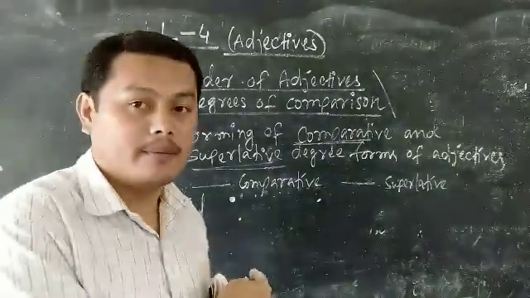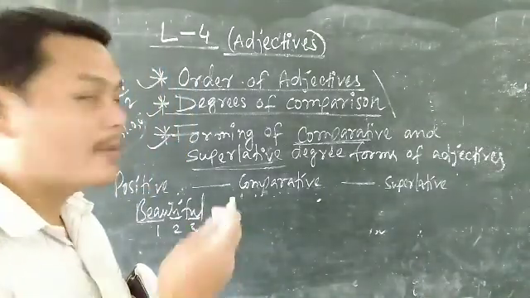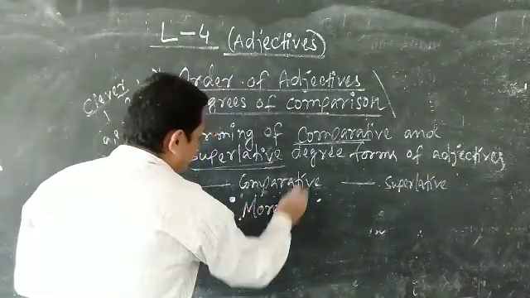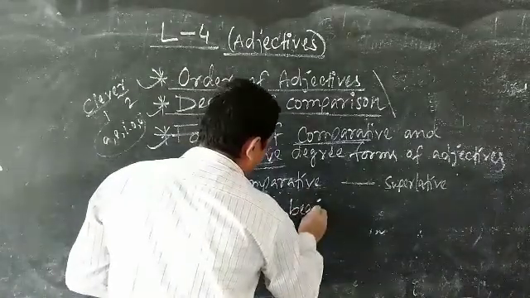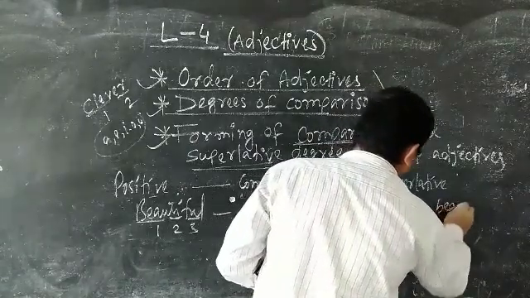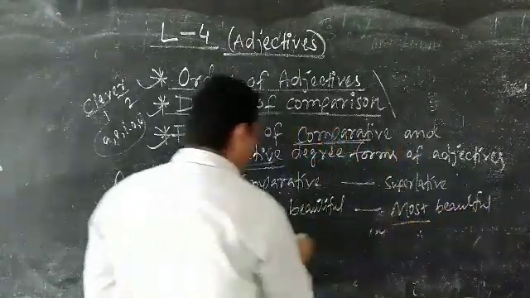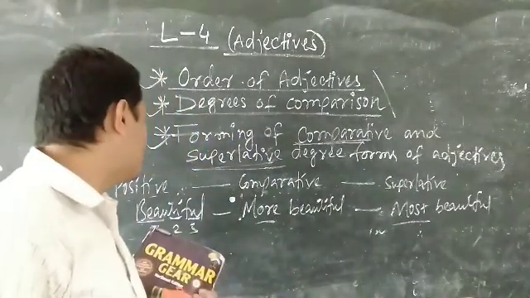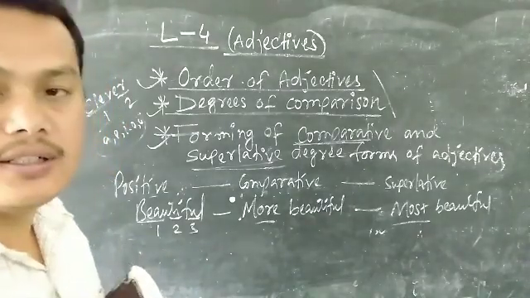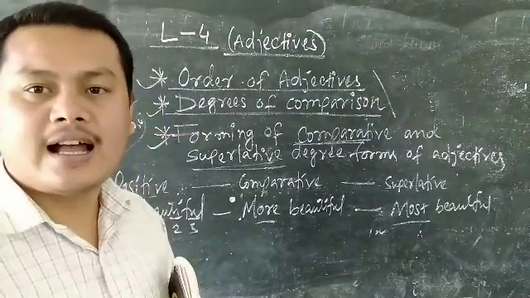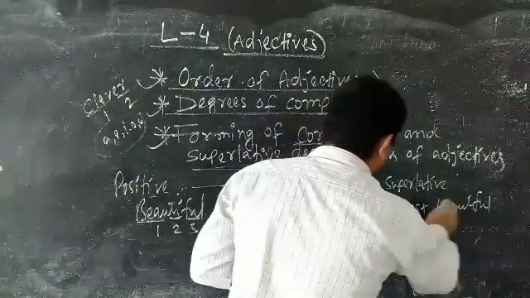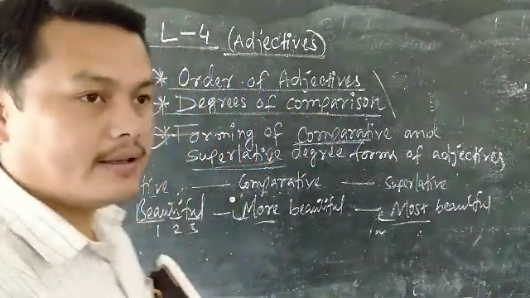Three syllables are there. In that case, we can't apply the previously discussed rules, but we have to add more in the comparative degree. That means it becomes more beautiful, and most in the superlative degree, most beautiful. More and most. Besides these words, we have other words also, like excellent, handsome. So just learn the adjectives which have more than two syllables. Then we have to add more in the comparative and most in the superlative degree.